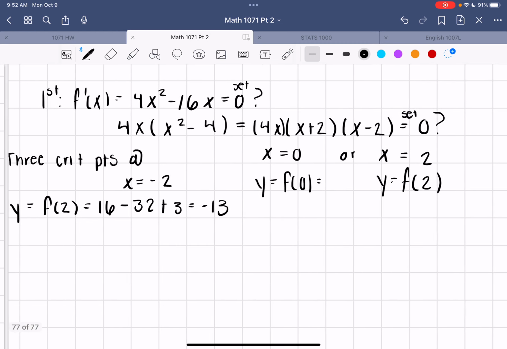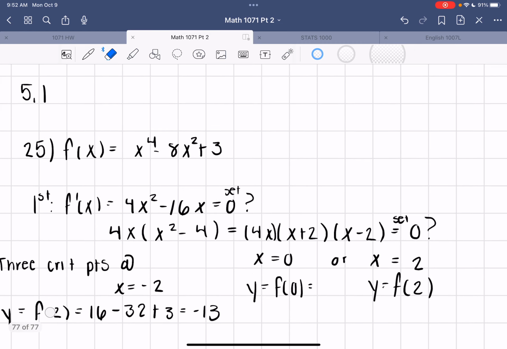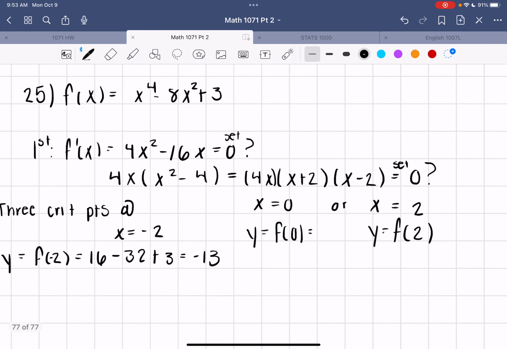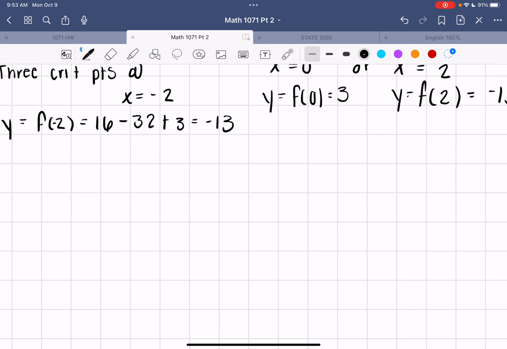Okay? So we have 3 critical points. They give us 4 intervals. Always one more interval. So here's your shape table. We have intervals over which we're going to test the first derivative to conclude something about shape.